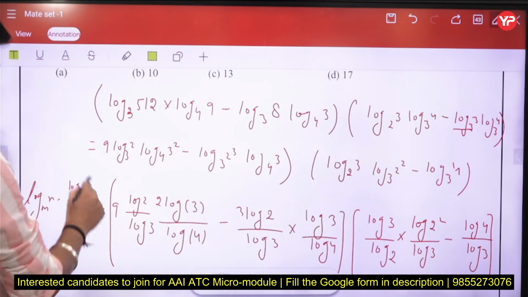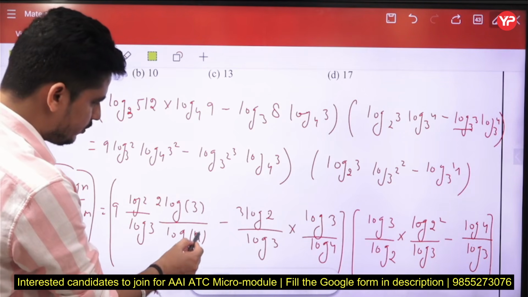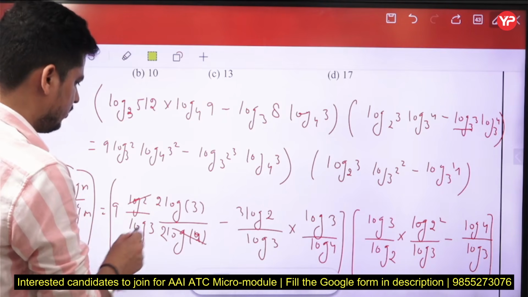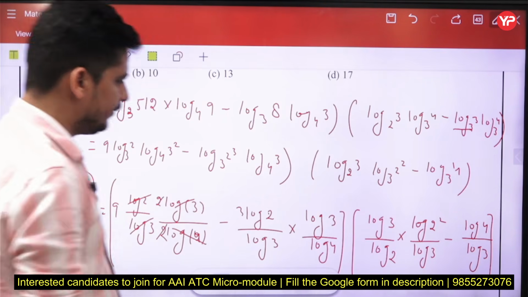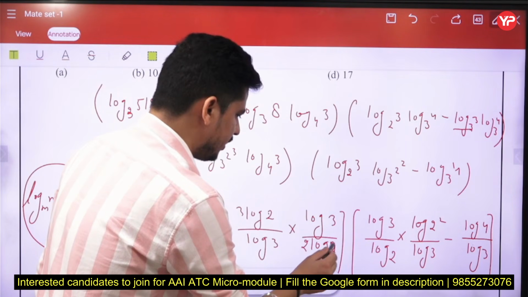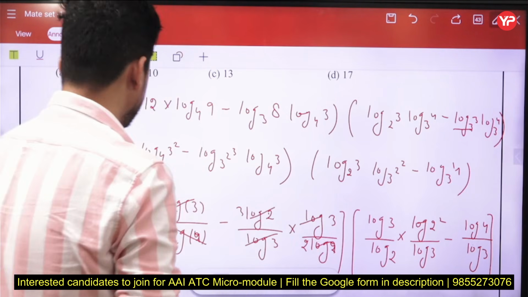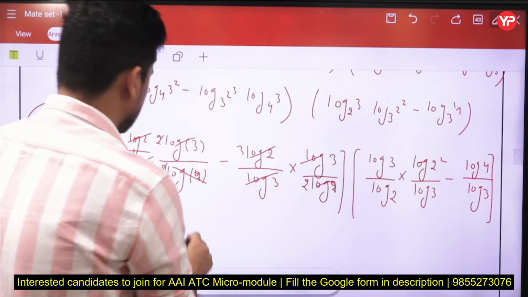So 4 is 2 raised to power 2, 2 is outside, so log of 2 cancels, log of 3 cancels, this 2 cancels, 9 is left here. Then again this is 2, and I'm writing 2 outside, log of 2 cancels, log of 3 cancels. So we will be left with 9 minus 3 by 2.